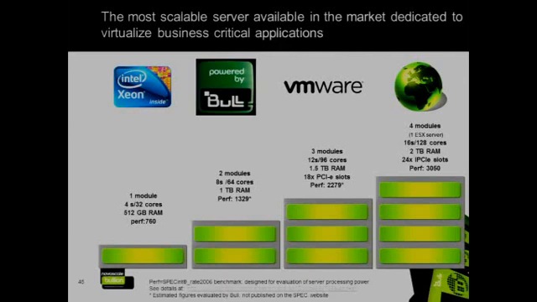And thanks to vSphere 5, we will be able to go over that. And we have a performance which is higher than any Solaris system available in the market. So this system is more scalable than any other Intel server in the market.